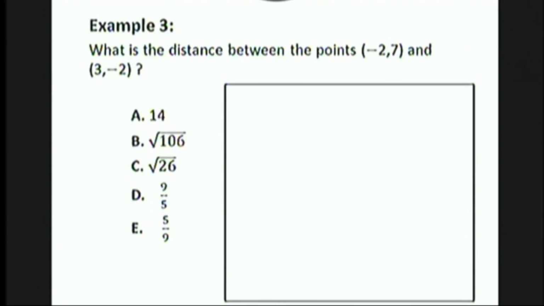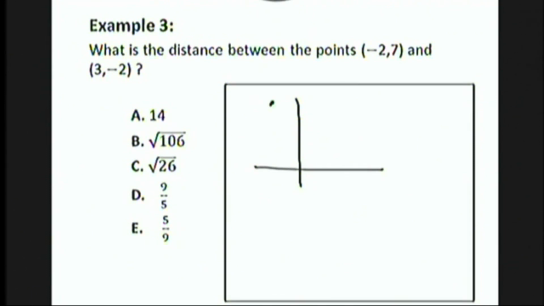Let's try another example. What is the distance between the points -2, 7 and 3, -2? Okay, let's use the Pythagorean theorem to solve this problem. Let me start by drawing a picture and plotting these 2 points.